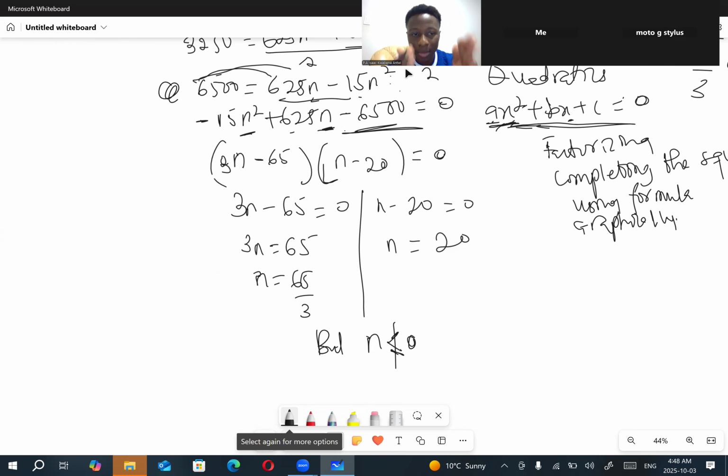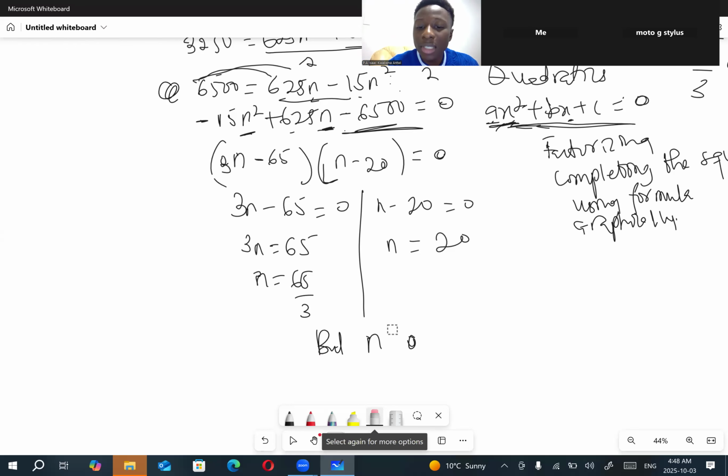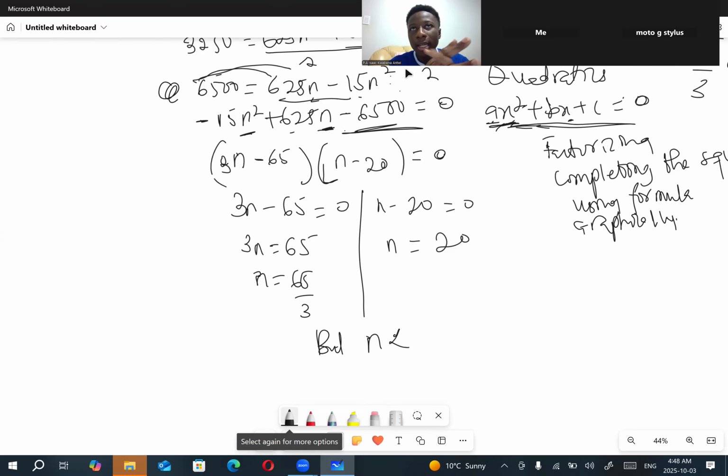So if I ask you what is the number of terms in a sequence, you can't tell me it's minus 1. The number of terms can be 0, meaning there are no terms at all, but it just cannot be less than 0.